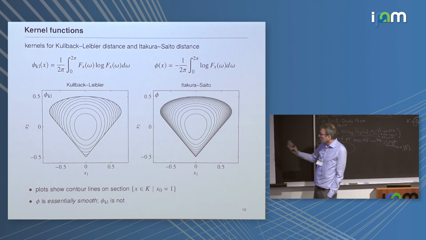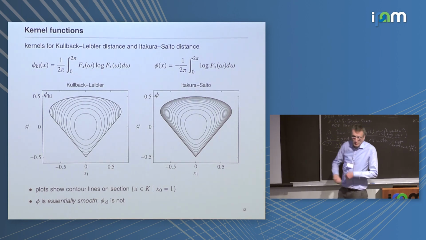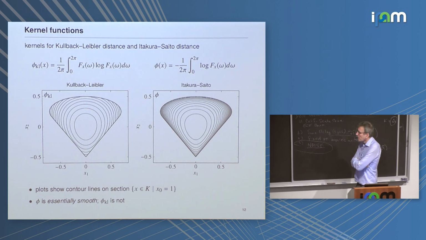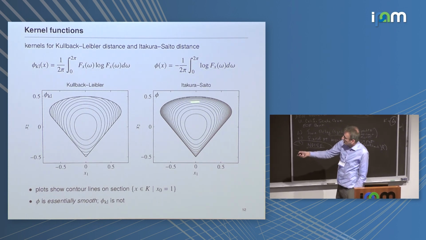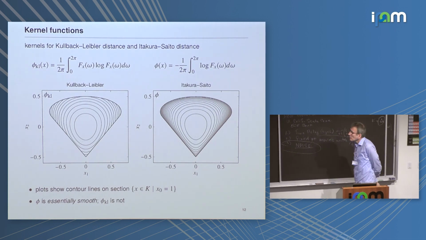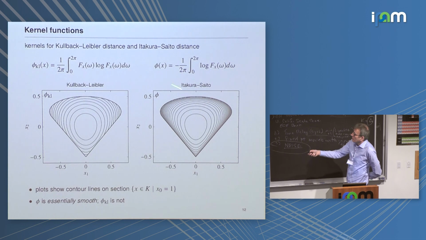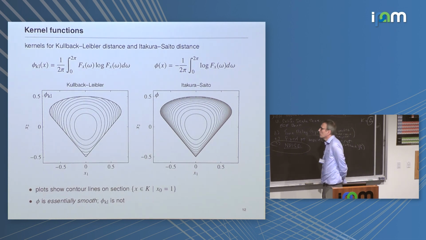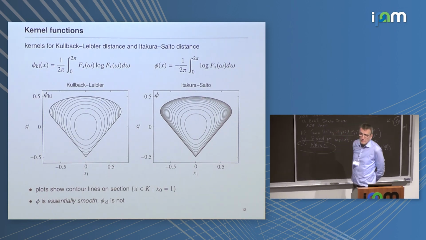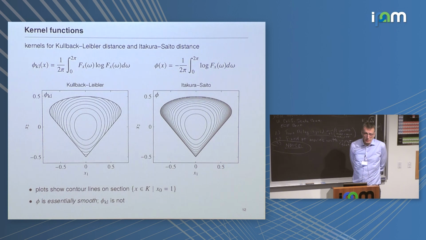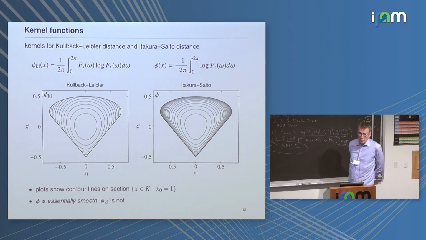So the result of a projection will always be strictly positive with this distance. The term that Rockafellar uses for this property is that this function is essentially smooth, and the first one is not. So we'll use this as a kernel for the Bregman distance. The questions to consider are how to evaluate this efficiently, its gradient, and then how to do the projection with this Itakura-Saito distance.